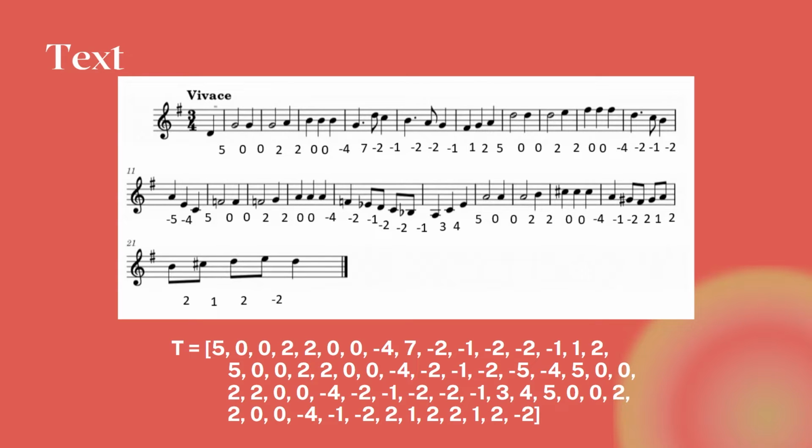Here we can see an example from the first note to the second note, having the note D to G. This represents an interval of 5 semitones. We keep doing this until the end, until we have an array representing the text.